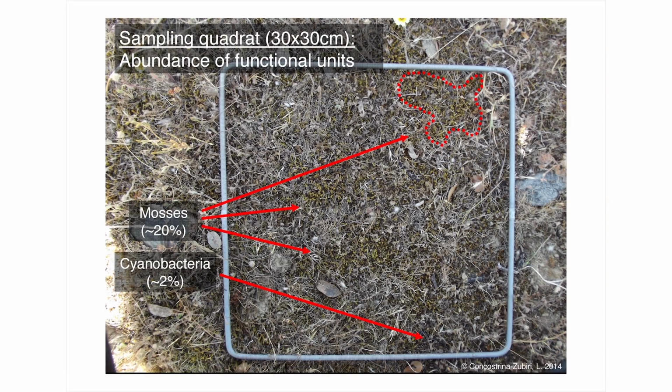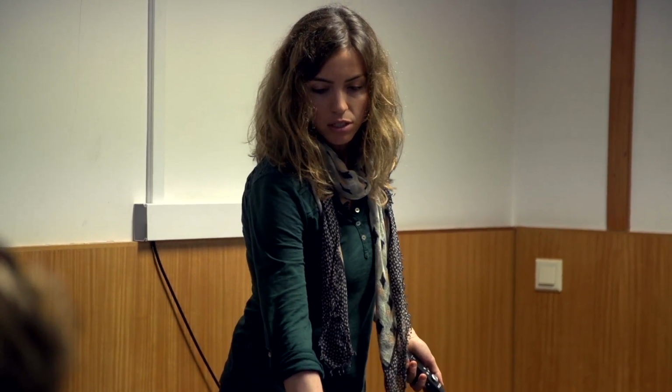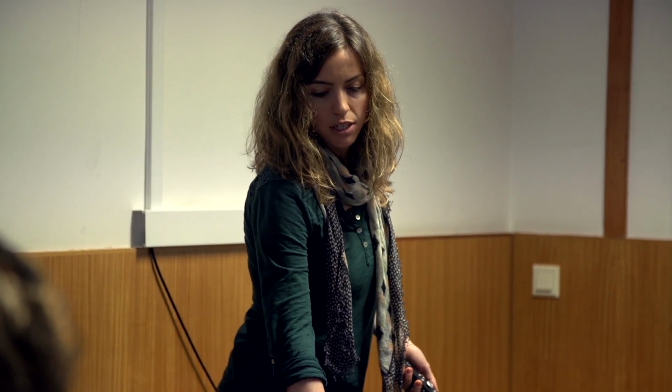With the sampling quadrats, we want to know the abundance of functional units to construct the matrix I showed before. And the aim is to calculate in a known surface dimension the proportion of mosses, for example, and the proportion of cyanobacteria, and construct the second matrix, the first matrix that I showed you before.